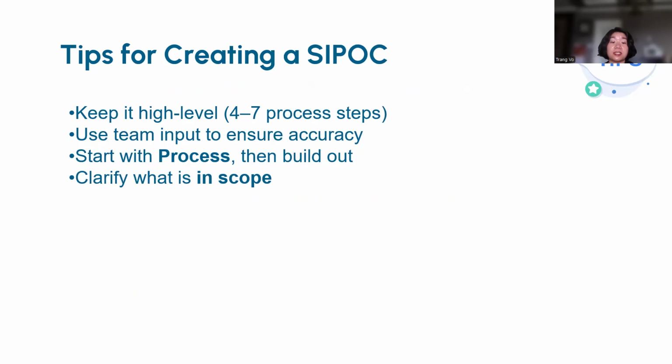And start with the process in the middle. It's how the rest falls into place. And always ask questions like, what's in scope? Don't try to map the entire universe. And a good SIPOC should take about 15 or 20 minutes to build with a small team. And that's it.